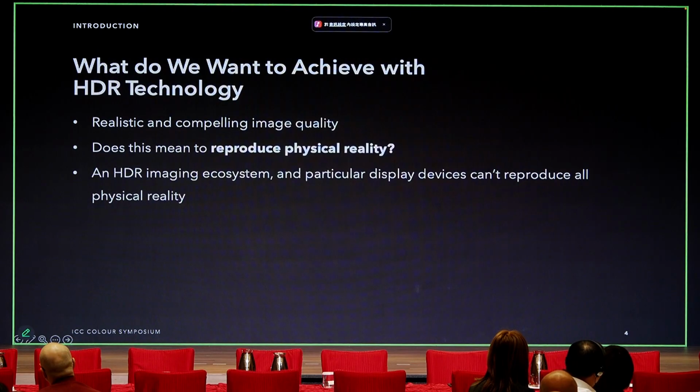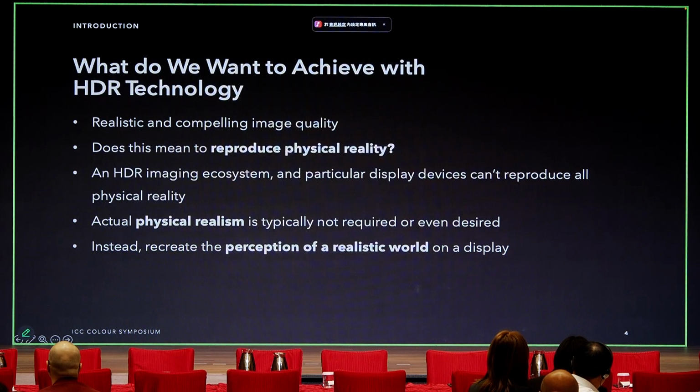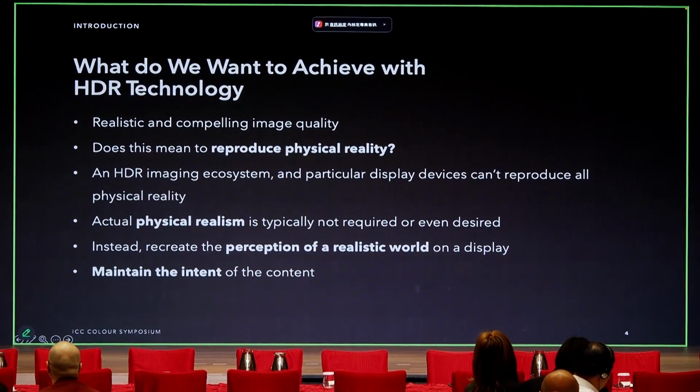We need to consider that an HDR imaging ecosystem, and in particular a display system, can't really reproduce all of the physical reality. But actual physical realism is typically not really required or even desired. It would be way too expensive to replicate outdoor lumens or something like that. Instead, we want to recreate the perception of a realistic world on a display. And we want to maintain the intent of the content.